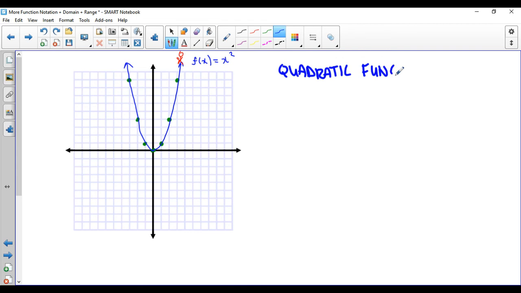Okay. And notice how I'm calling this a function. Now, why is it a function? Well, we already did an example previously that it passes the vertical line test, right? So it passes the VLT.